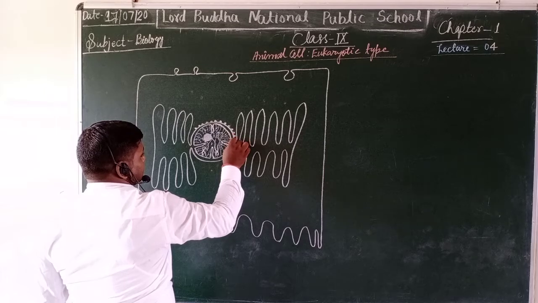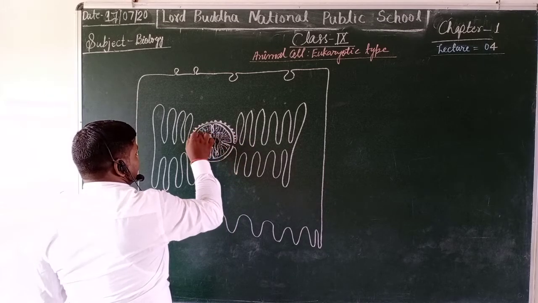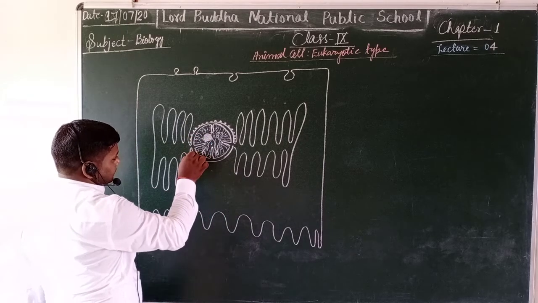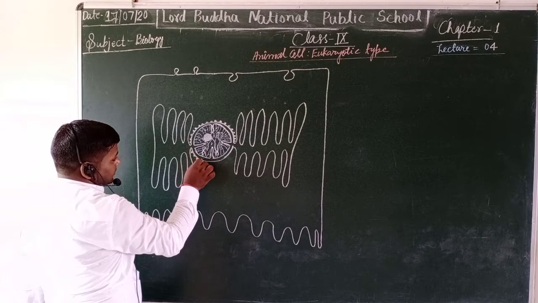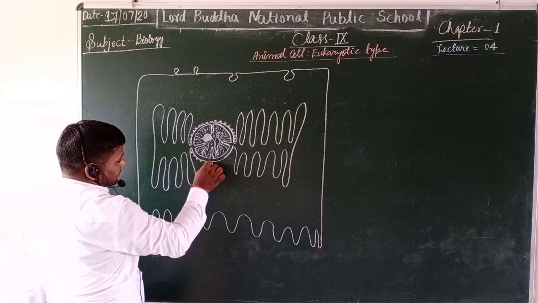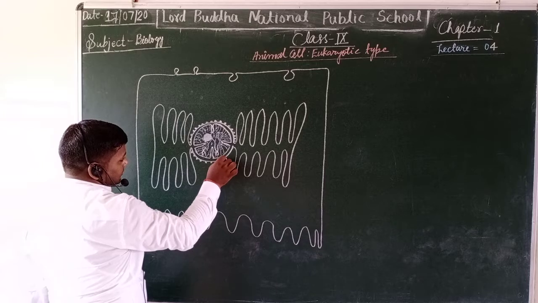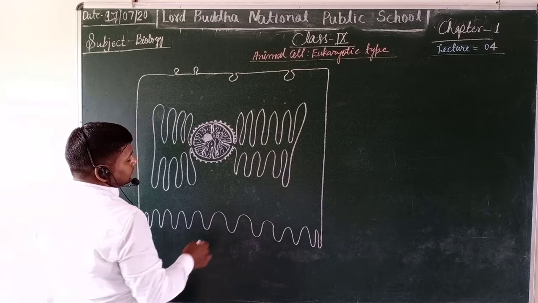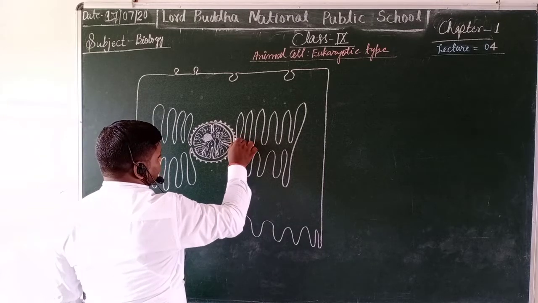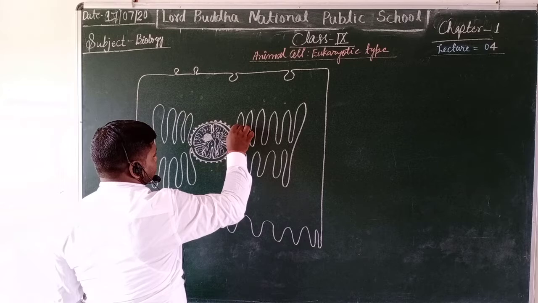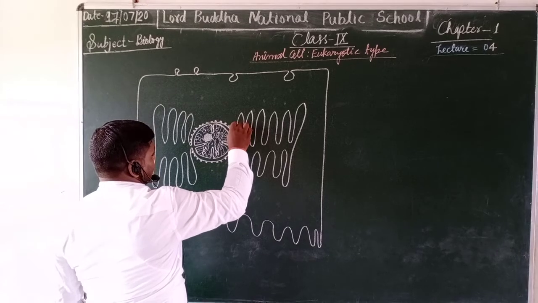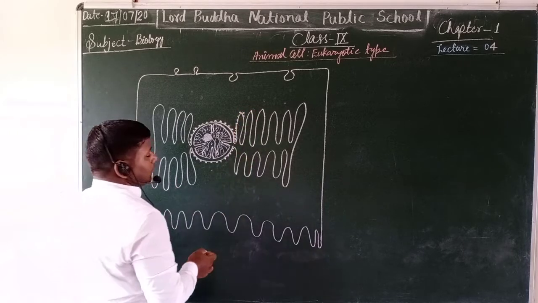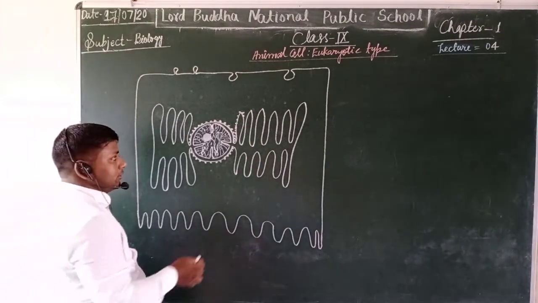As you all know, ribosomes are regarded as the protein factory of the cell, because ribosomes help in synthesis of all types of proteins which are essential for growth and development, as well as being responsible for synthesis and formation of various kinds of enzymes and amino acids.